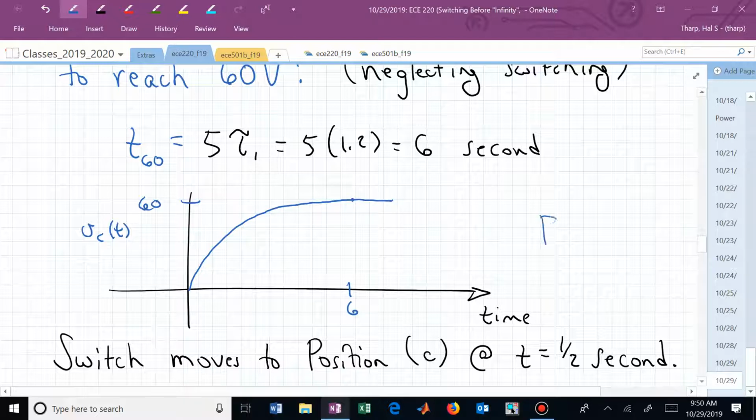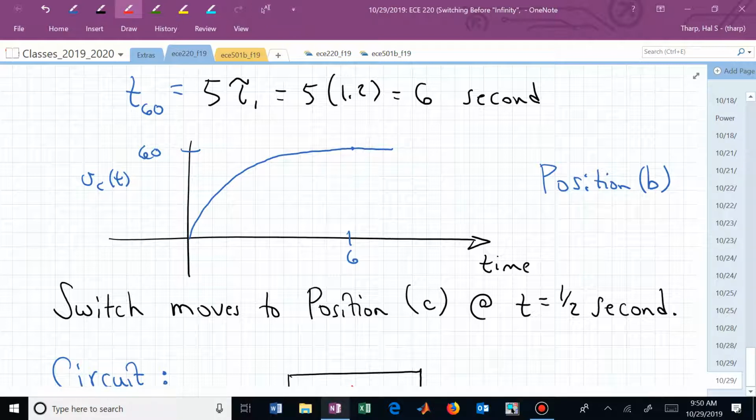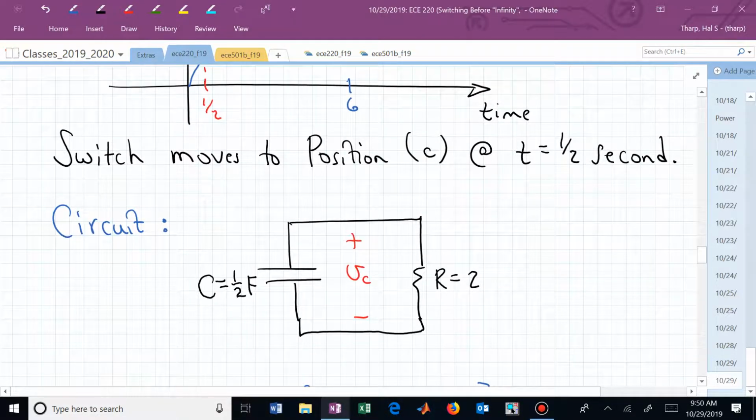This is when we are in position B. But now we know the switch moves to position C at time 1/2. So we're not going to get to 60, are we? We're not going to see this complete shape occur between 0 and 6, because now at 1/2 something magic happens. We throw the switch, and then we end up with this circuit.